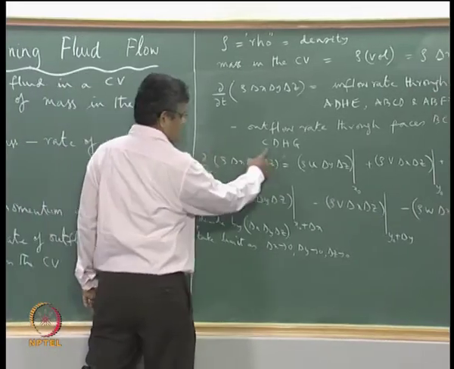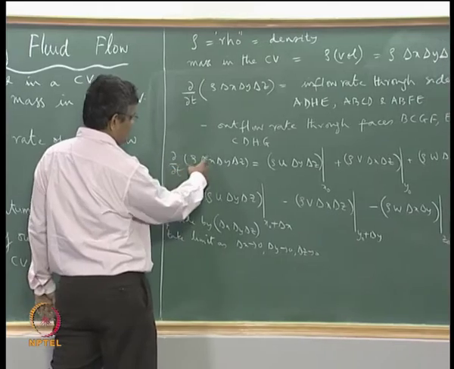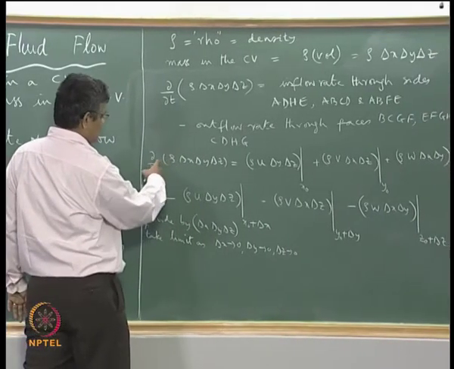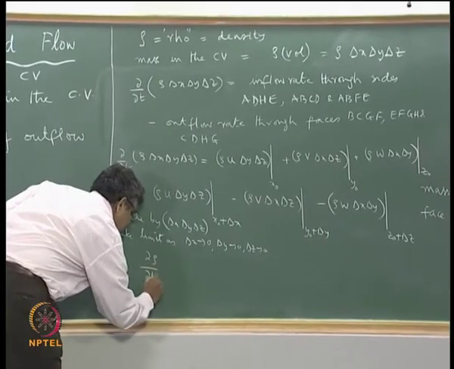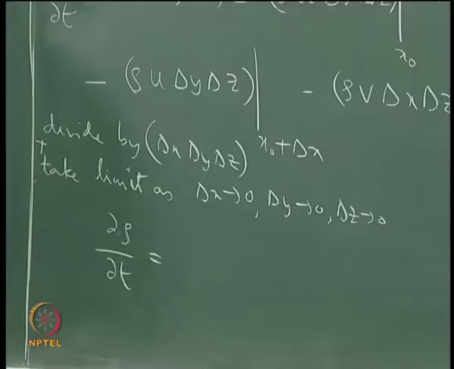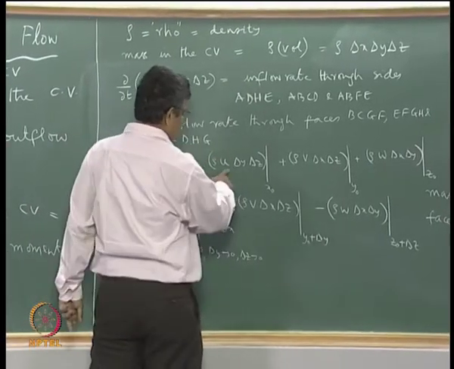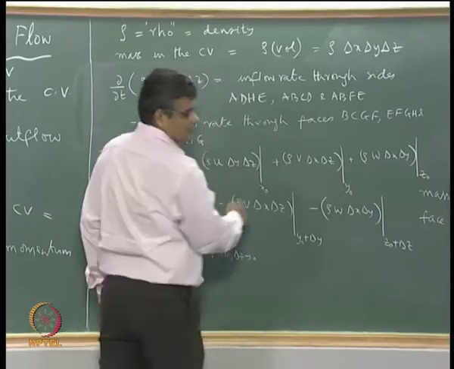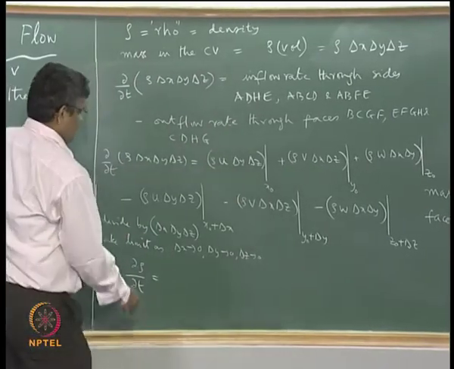For example, if we take the first term here and divide by delta x, delta y, delta z, this cancels out and we get d rho by dt. Okay. So, the first term becomes d rho by dt, and in this we have to divide each of them by delta x, delta y, delta z. We will take a combination and put them together.